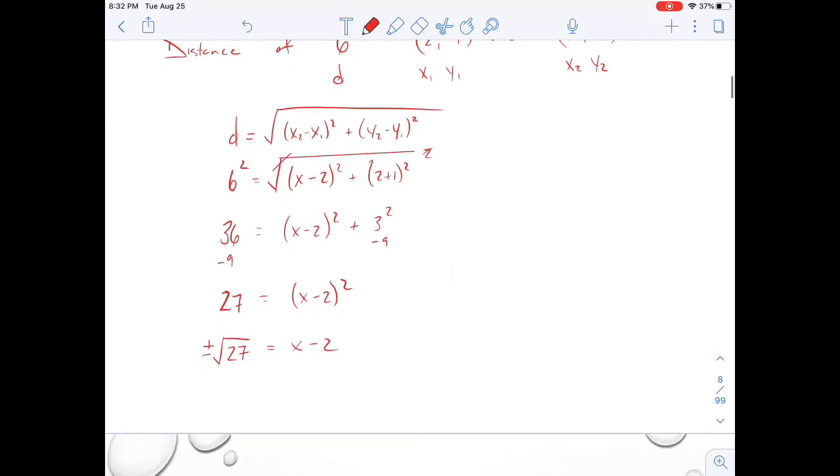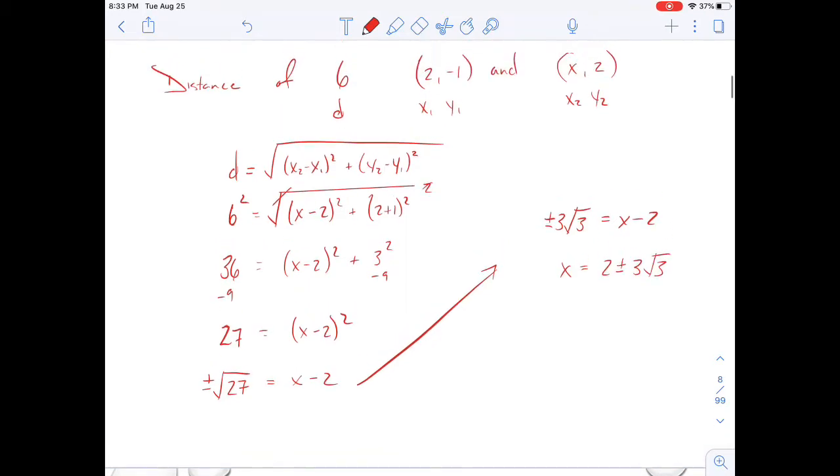Square root of 27 is going to simplify. We're going to have a perfect square factor of 9 times 3. So I'm going to get plus or minus 3 square roots of 3 equals x minus 2. And when I solve for x, I get x equals 2 plus or minus 3 square roots of 3.